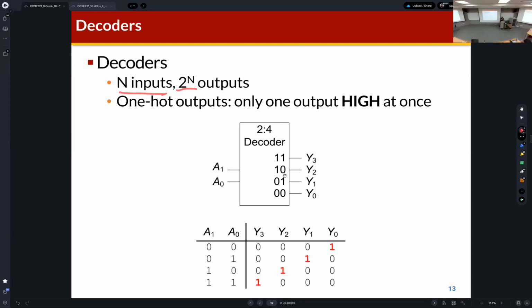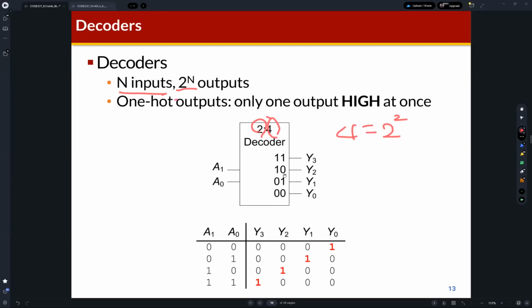This is the example of a 2 to 4 decoder. The first 2 represents the number of input ports, and the 4 represents the number of output ports. 4 is 2 to the 2, okay? So if the decoder has n inputs, then it will have 2 to the power of n output ports.